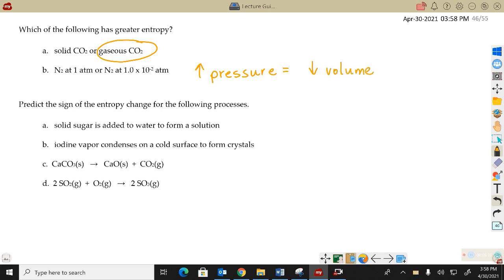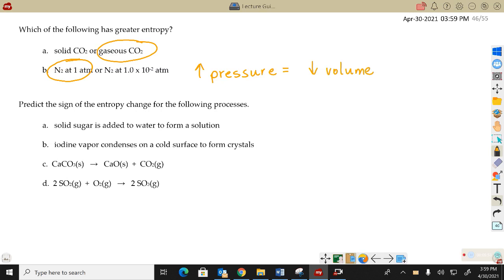In a smaller volume, I can keep those particles more orderly. But if I have a smaller pressure, that means a larger volume. In a larger volume, the particles can be all over the place, highly disordered.